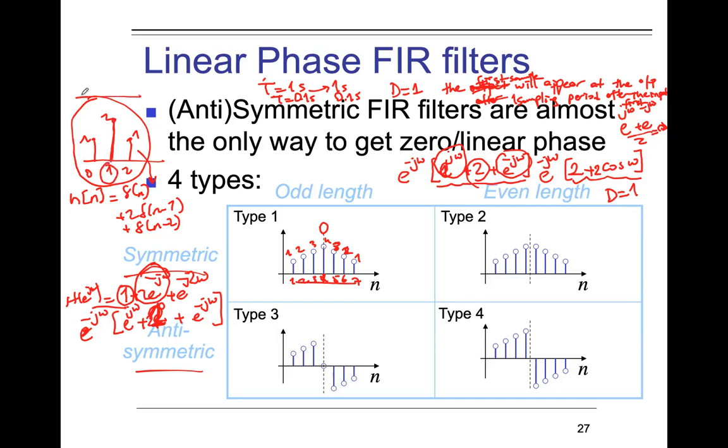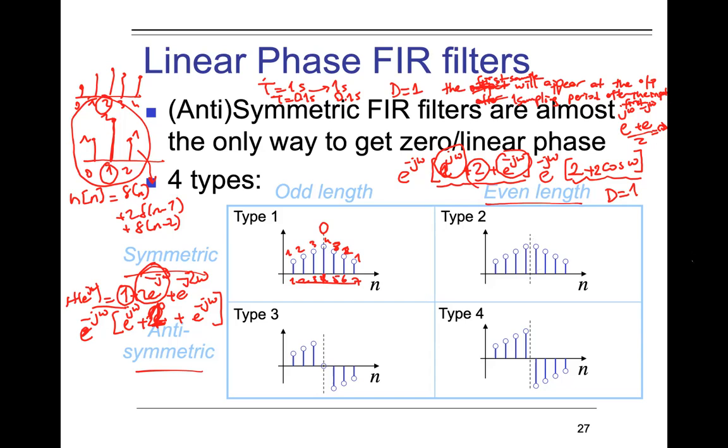If it is something like this, 0, 1, 2, 3, 4, what is the delay amount? 2. The middle point will give me the delay amount. If my length is even, there is no middle point.